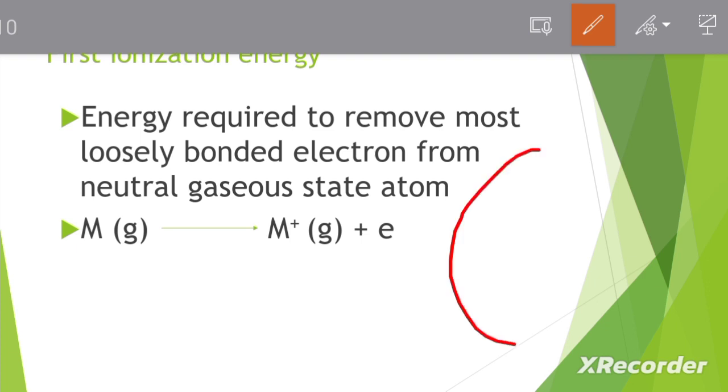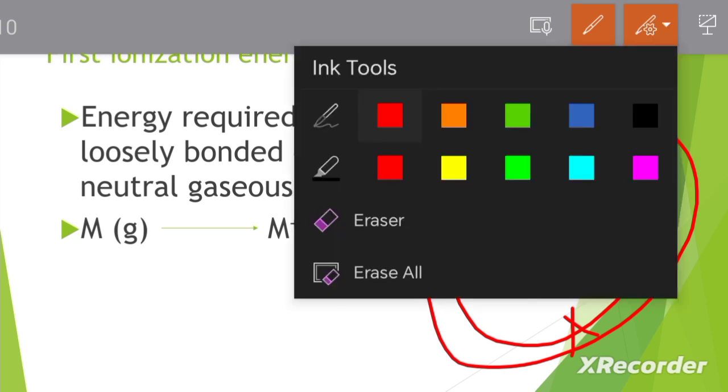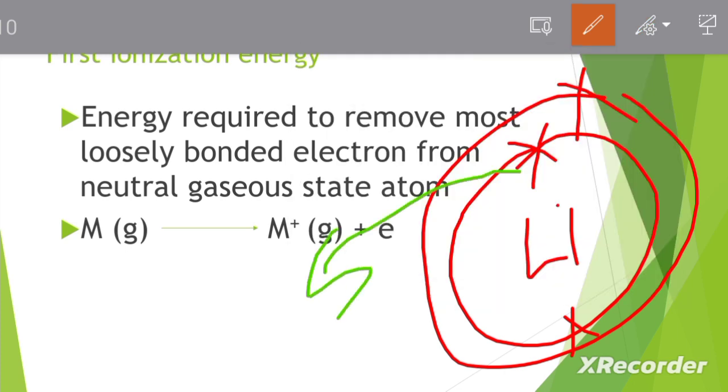So I am going to draw a lithium atom like this. Here 2 electrons and here 1. If we say energy required to remove an electron, I can remove electrons from lithium from here and from here. In the first ionization energy or any ionization energies, we are going to remove the most loosely bonded electron.